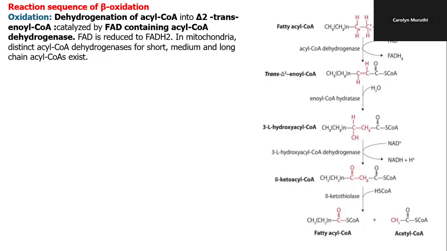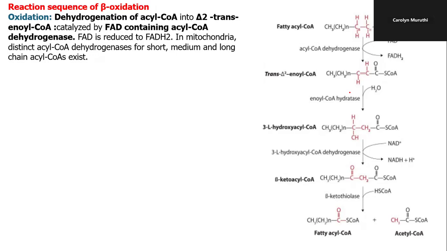So it will introduce a double bond between the alpha and beta carbons, and this will generate FADH₂. The FAD will pick up 2 hydrogens from these 2 carbons to give FADH₂, and the resulting compound will have a double bond between the alpha and the beta carbons.